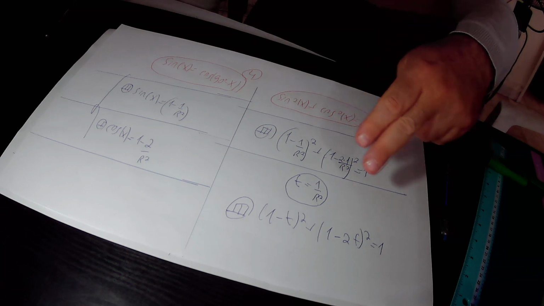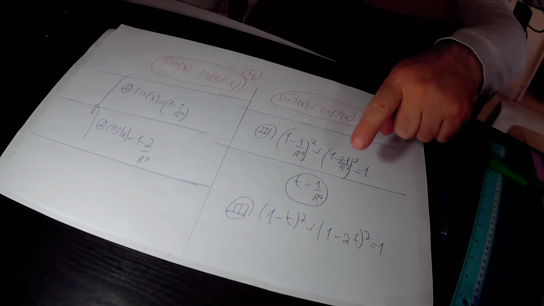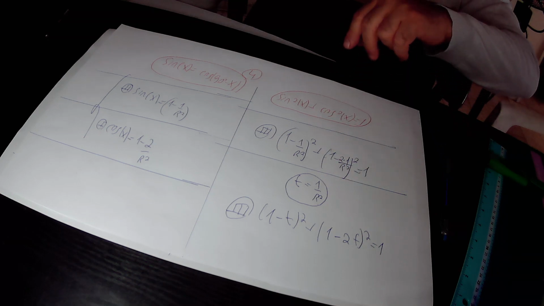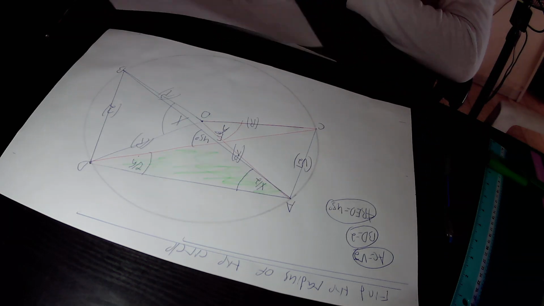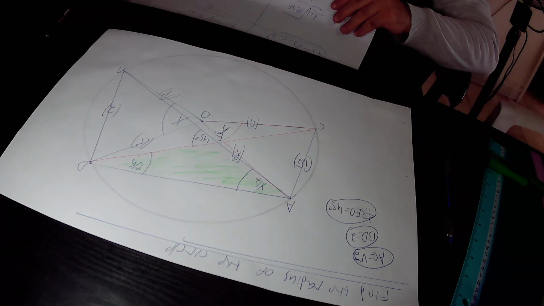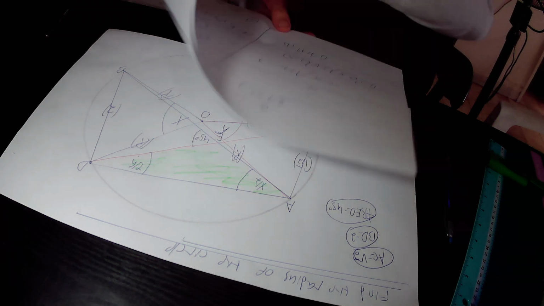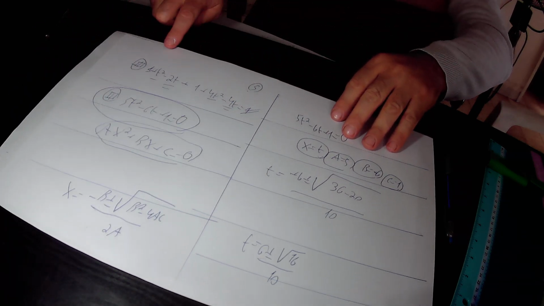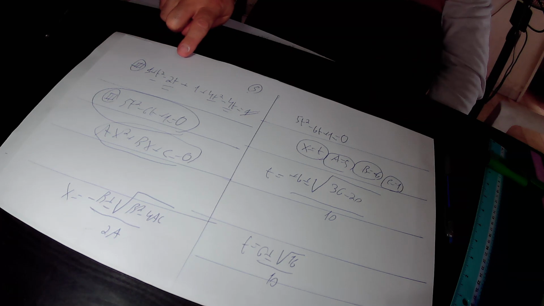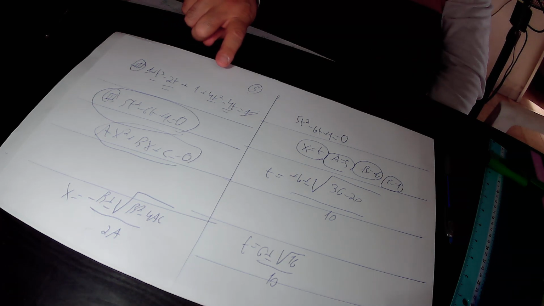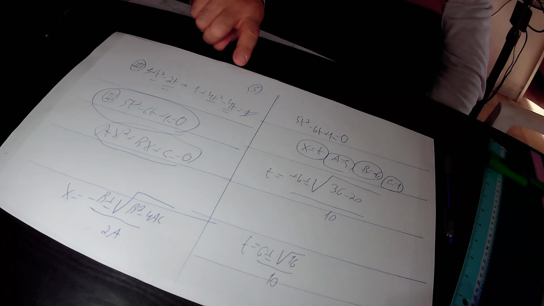After we open the brackets on this side of equation 3, in total we found 1 plus t squared minus 2t plus 1 plus 4t squared minus 4t equals 1.